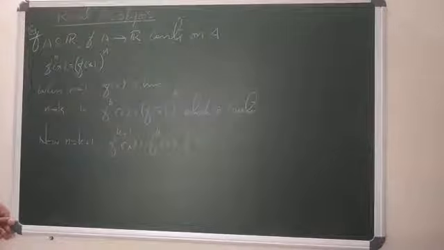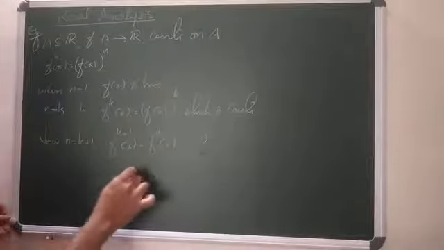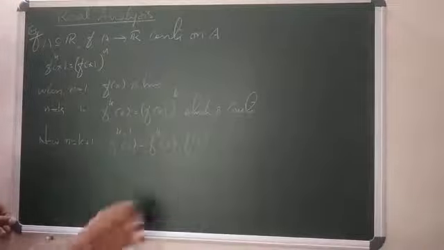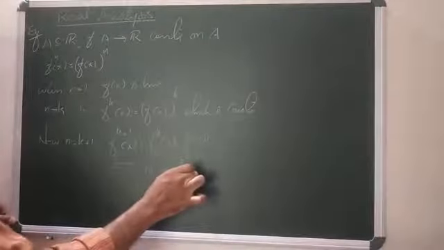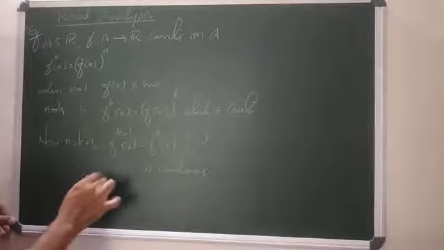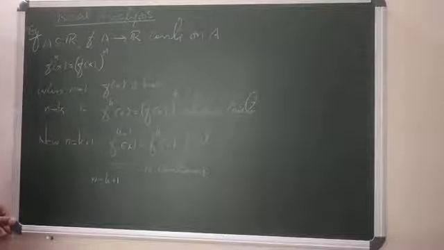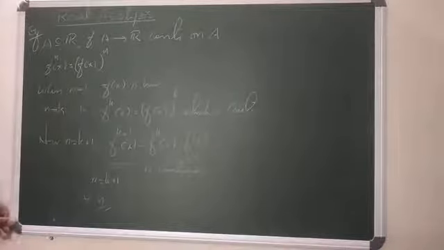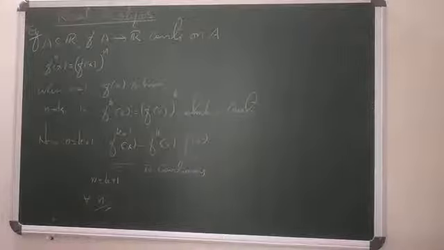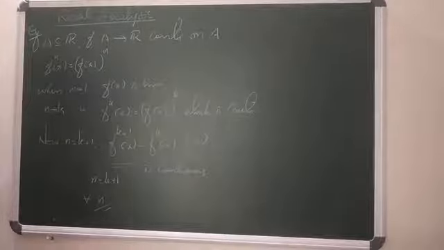When f and g are continuous, f of x into g of x is also continuous. So the product is continuous. Hence, fk plus 1 of x is continuous. So it means the result is true for n equals k plus 1. So by induction, the result is true for all n. Hence, fn of x equals f of x all power n is continuous when f is a continuous function.